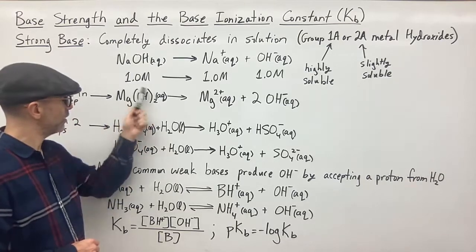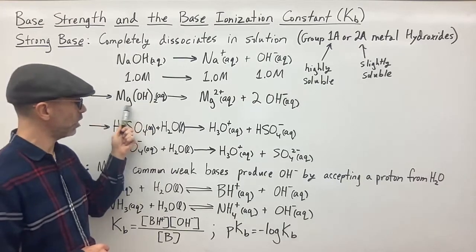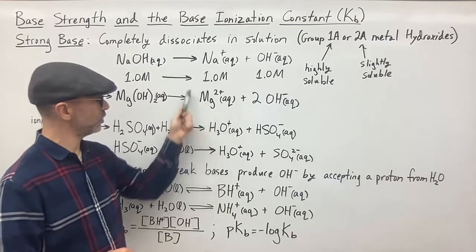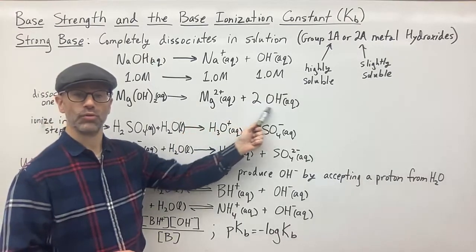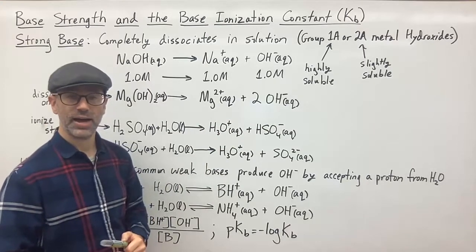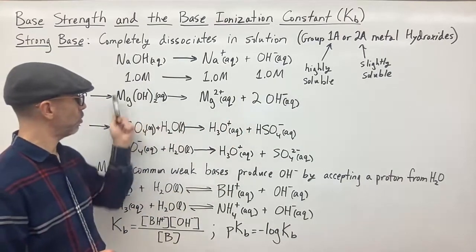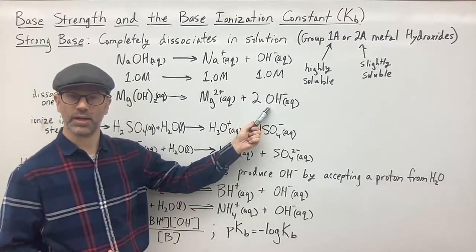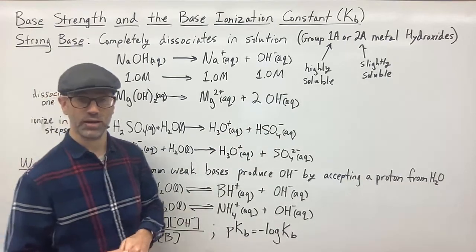So when magnesium hydroxide dissolves in water, it's going to completely dissociate into magnesium 2 plus ions, and then you're going to get 2 moles of your hydroxide ion. So this is a 1 to 2 ratio: 1 mole of this is going to give us 2 moles of that. That's something to keep in mind if you're ever dealing with a group 2 metal hydroxide.